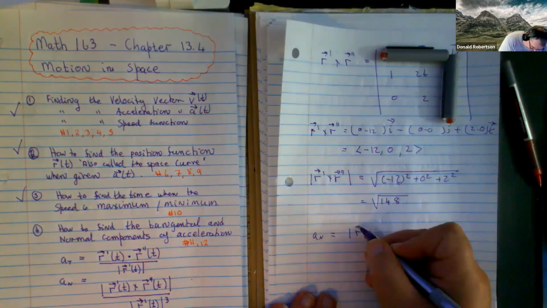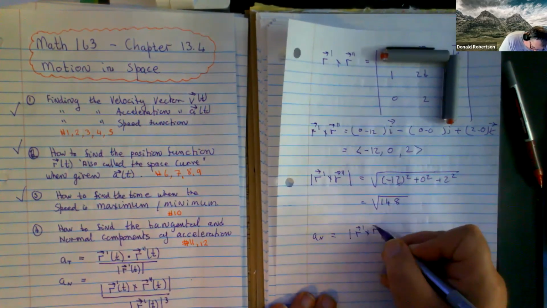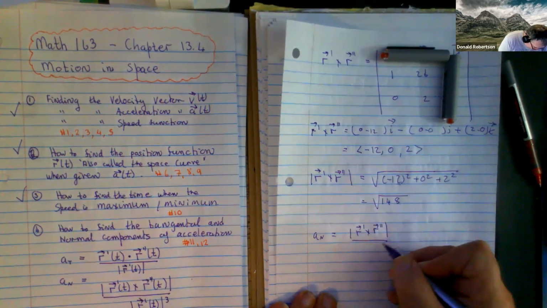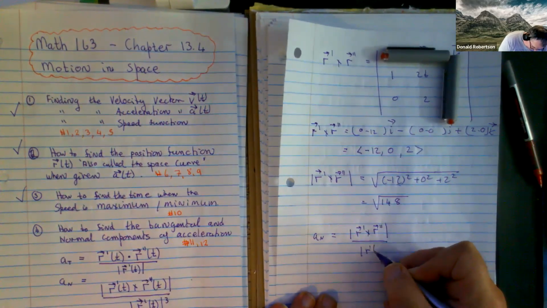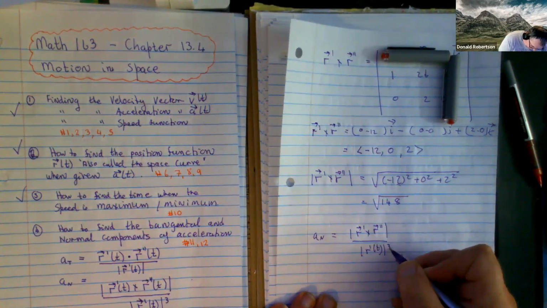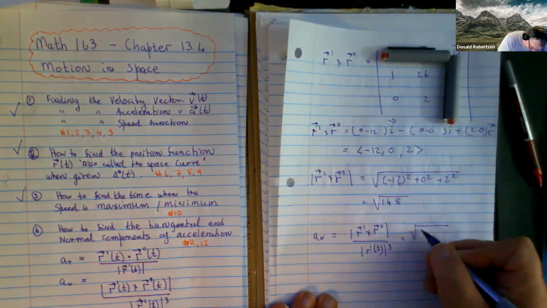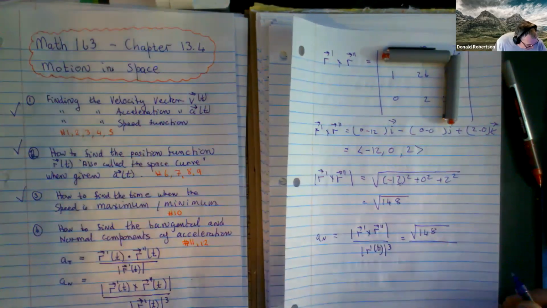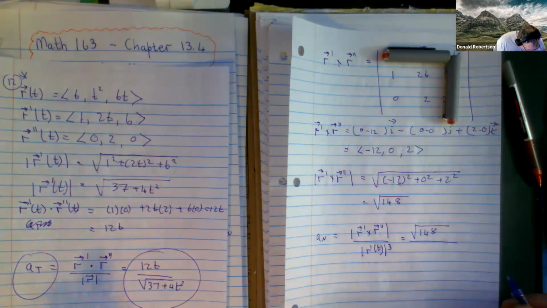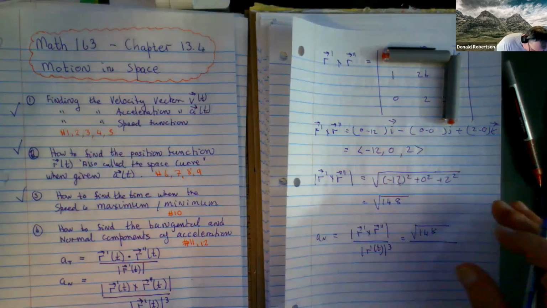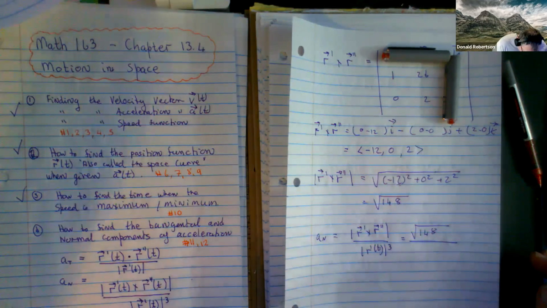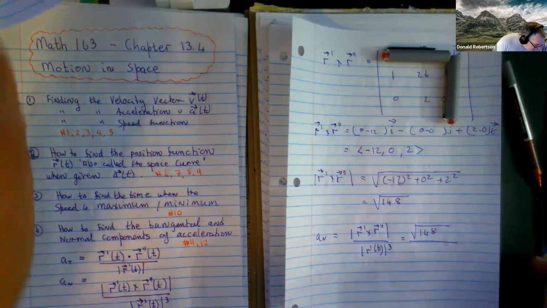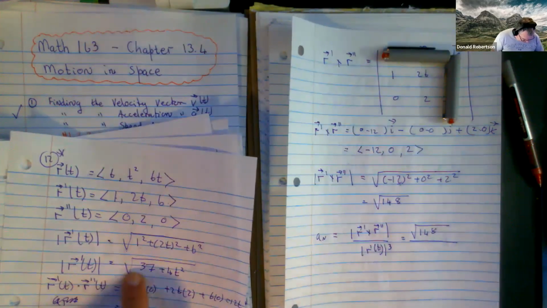It's the magnitude of the cross product divided by the magnitude of the first derivative cubed. So it's the square root of 148 over, I've lost the damn thing. Magnitude of a, oh, here it is, that guy.